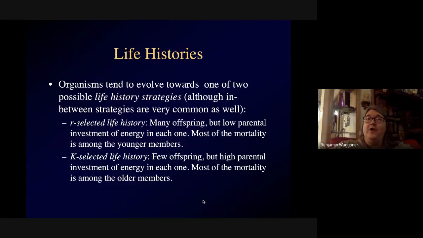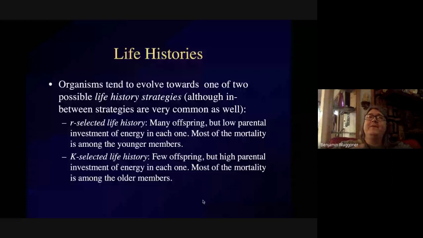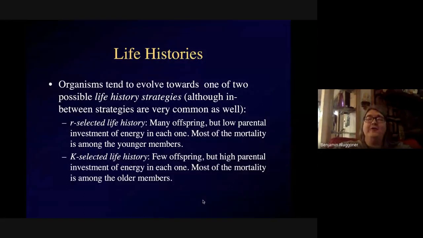The seeds aren't defended against seed-eating animals. Most of the seeds die. So you can try just reproducing as fast as you can and not investing a great deal of energy in each offspring. Or you could invest in a small number of offspring, but you invest more energy in each one.